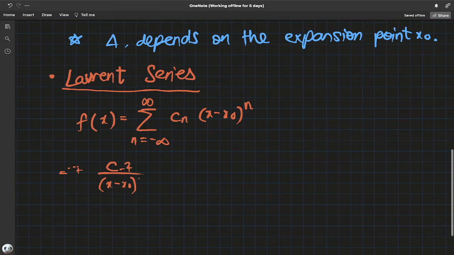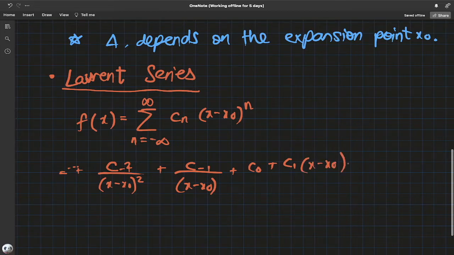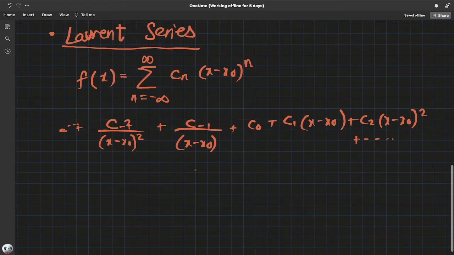Let me just start with (x minus x naught) to the minus 2, and then the negative 1, and then the 0 term, which is the polynomial part, is 1, and the first term (x minus x naught), second term, and so on to infinity.